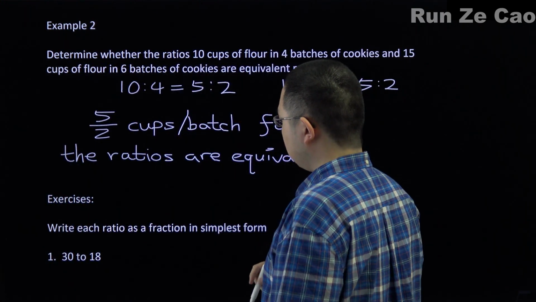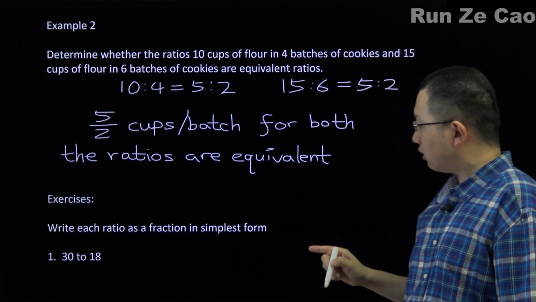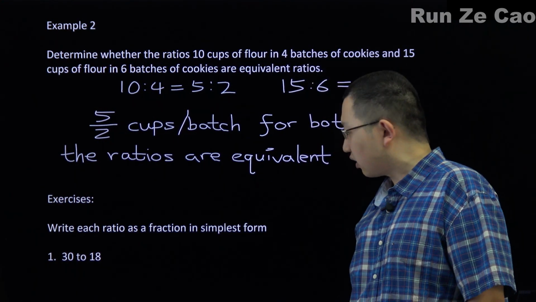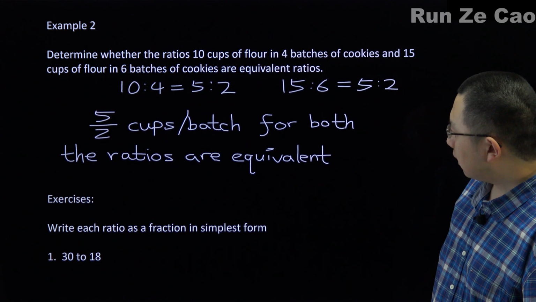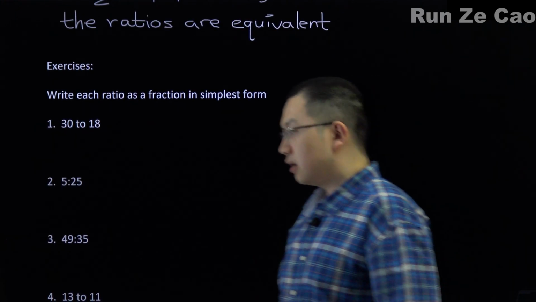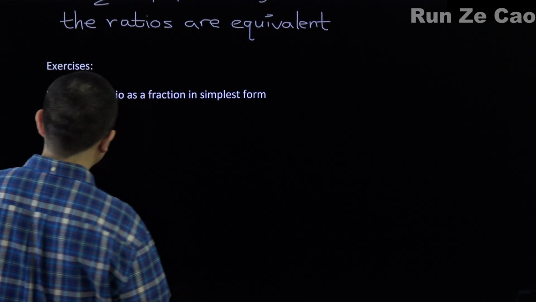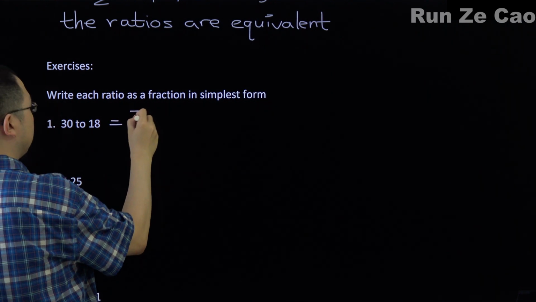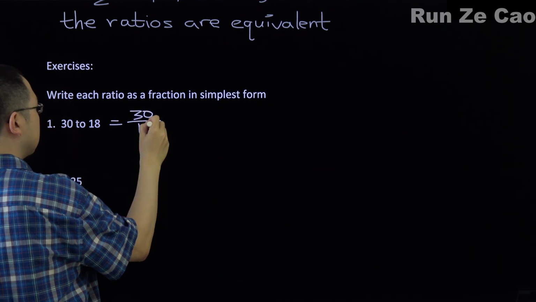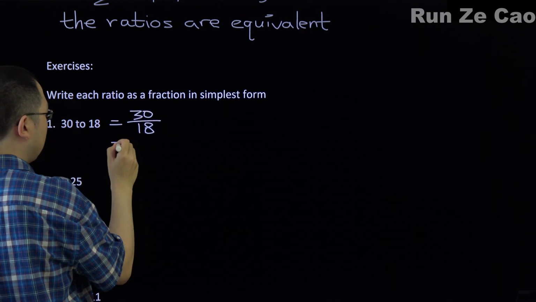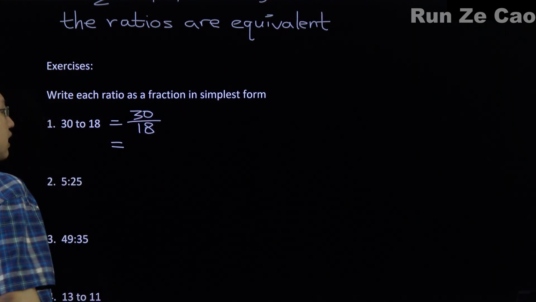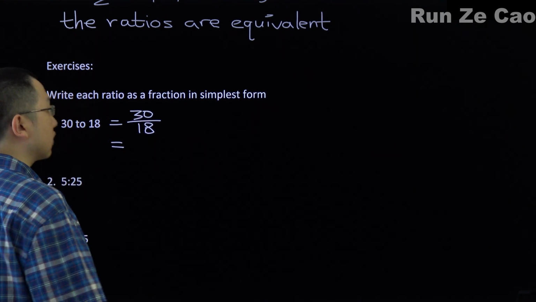Well, exercises. Write each ratio as a fraction in simplest form. 30 to 18. The ratio of 30 to 18 is equal to, well, 30 over 18. And in simplest form, both of these are multiples of 6.